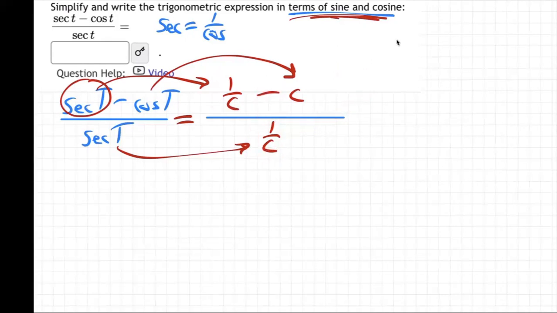Let me write a note over here. When you have fractions over fractions with adding, subtracting, that's what we're talking about.